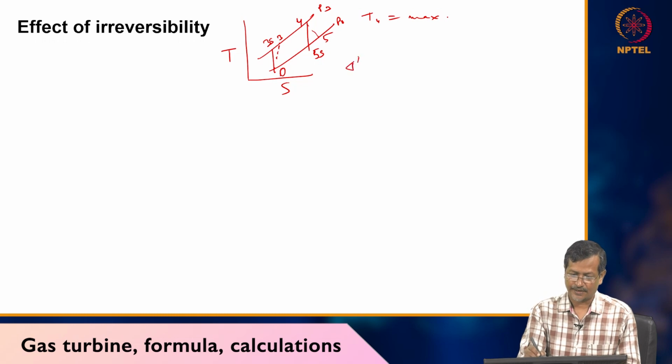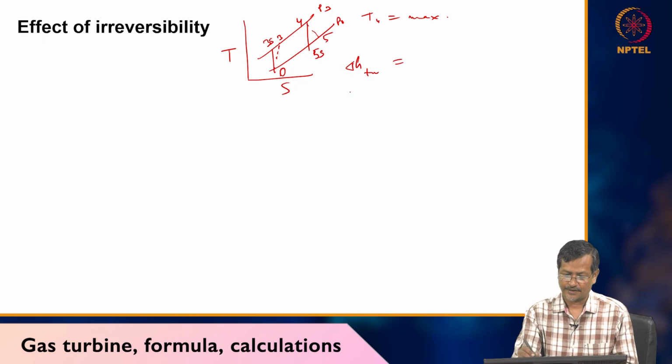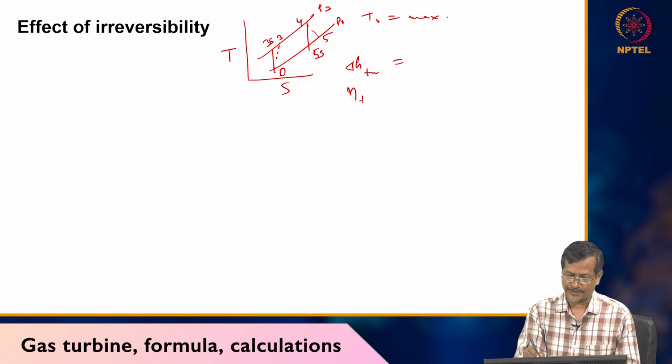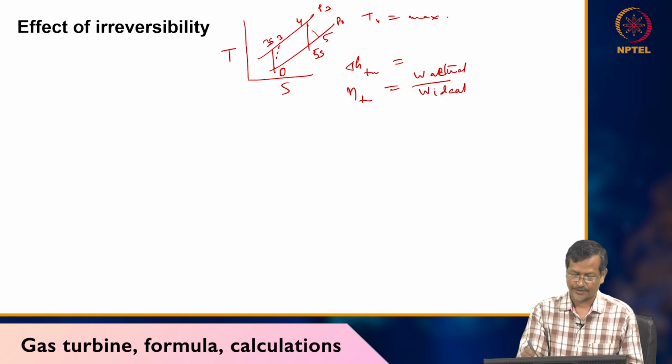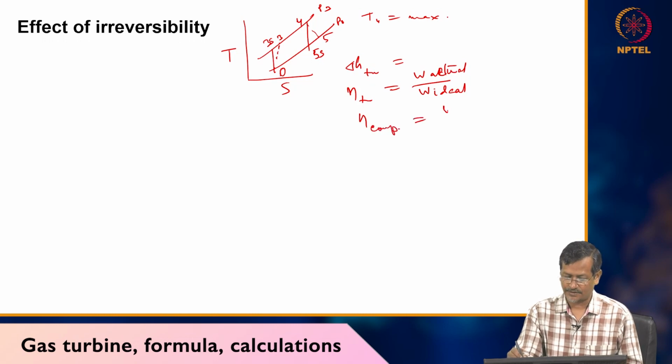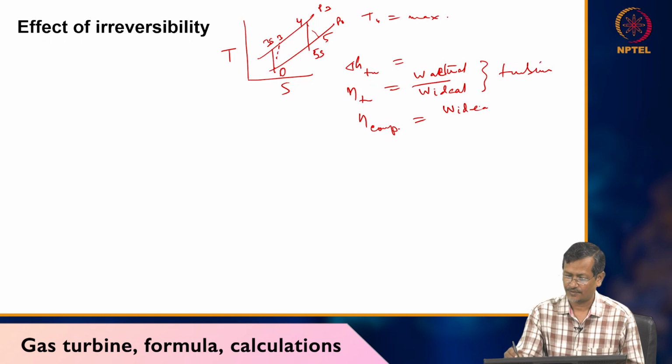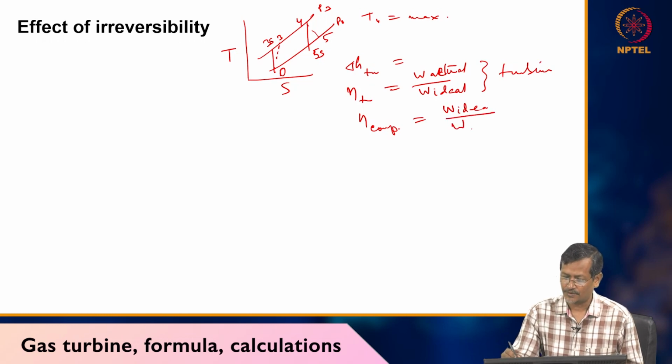Okay, so delta H for the turbine, work of turbine, and eta turbine, so W actual by W ideal. Okay, so eta compressor equals W ideal by W actual.